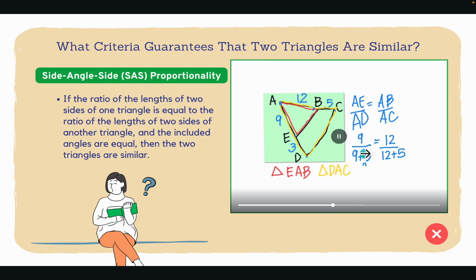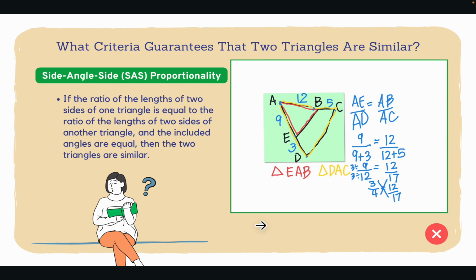So when I look at the ratio of the sides, I know when I divide 9/12, notice I don't have the length of this one because if something's off with these two, this one doesn't matter. 3/4 is not equivalent to 12/17. The ratio is off. These triangles are not similar.